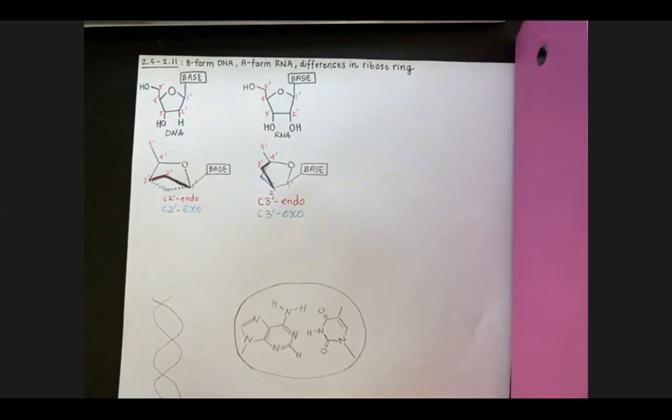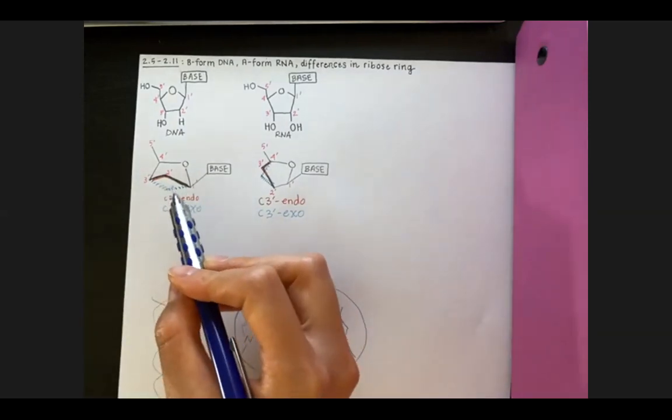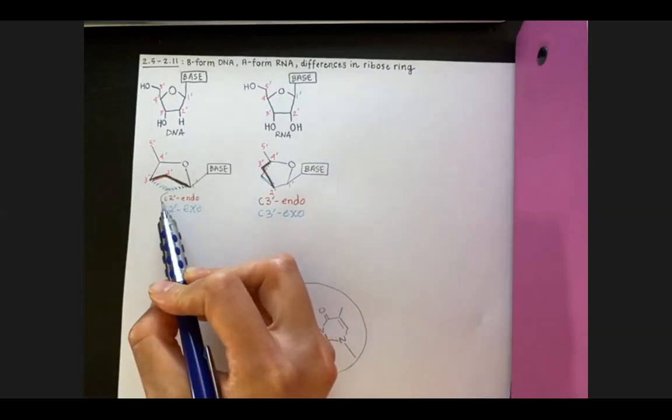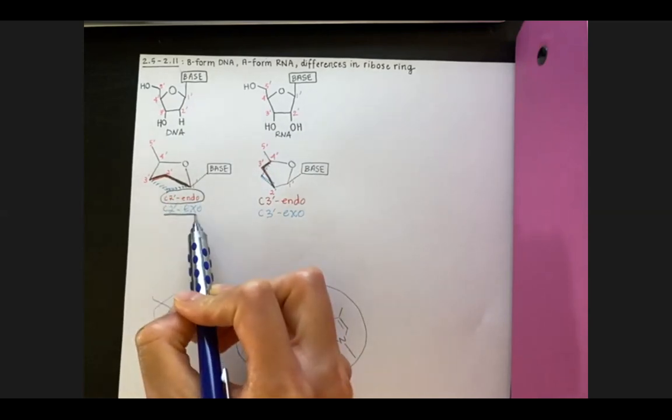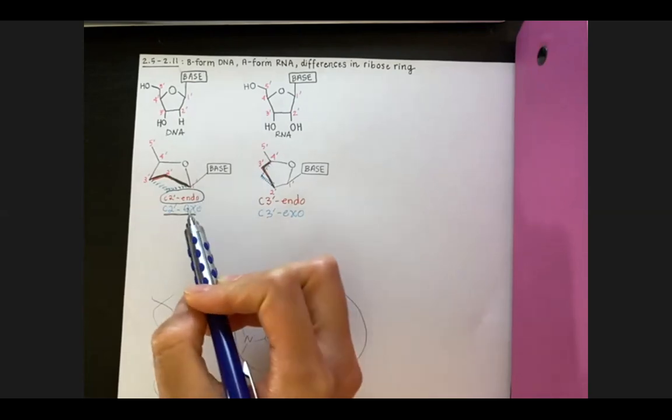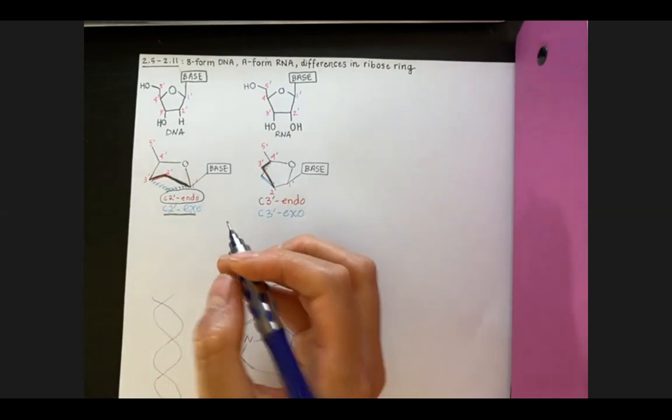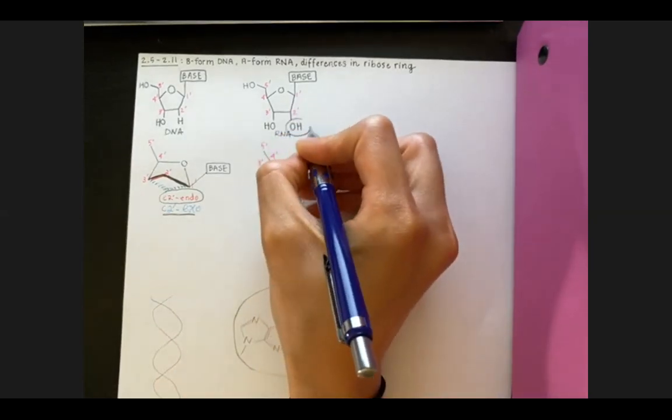And this is important because DNA is the only one that can take the C2' endo form. RNA typically doesn't take the C2' endo form. And this is because RNA has the 2' hydroxyl group.